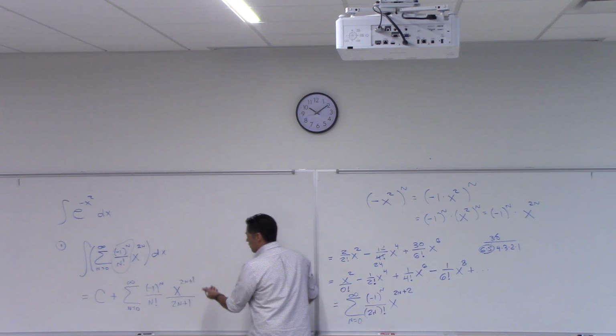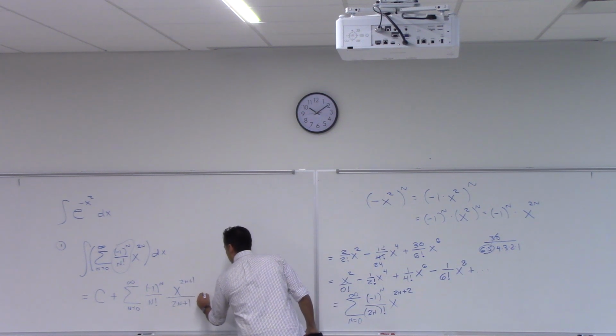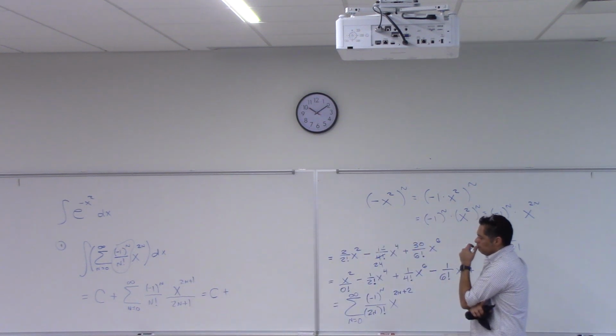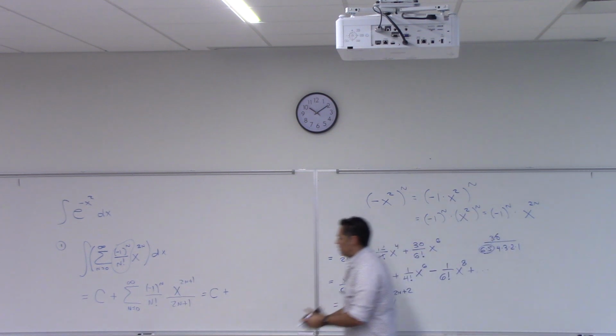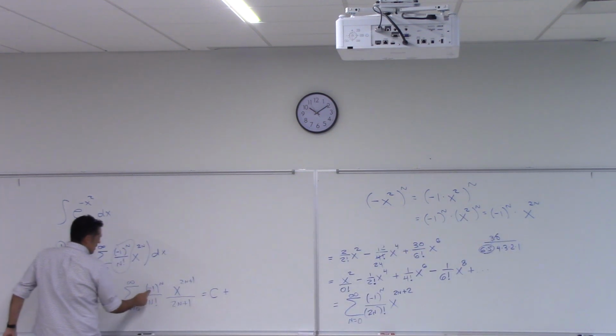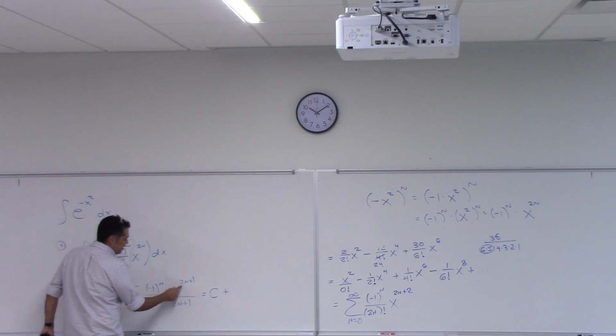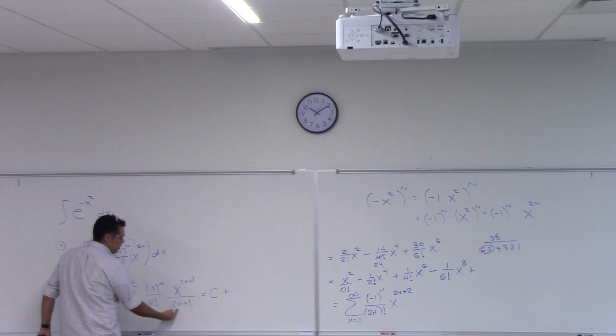Now, just for the sake of doing it, let's write out a few of these. So this is equal to c plus, all right, what do I get when I let n be 0? Negative 1 to the 0 is 1. 0 factorial? 1. Okay. x to the 0 plus 1, x over 1.